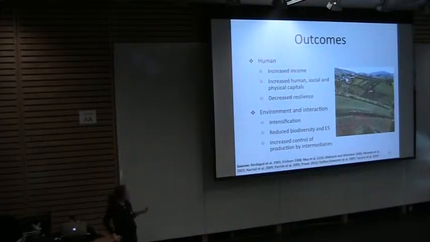On the environmental side, some of the common outcomes that I found in both PES value chains and food value chains were often intensification of the use of the farmland, sometimes reduced biodiversity and environmental service generation, and often increased control of the way products are produced by the intermediary.